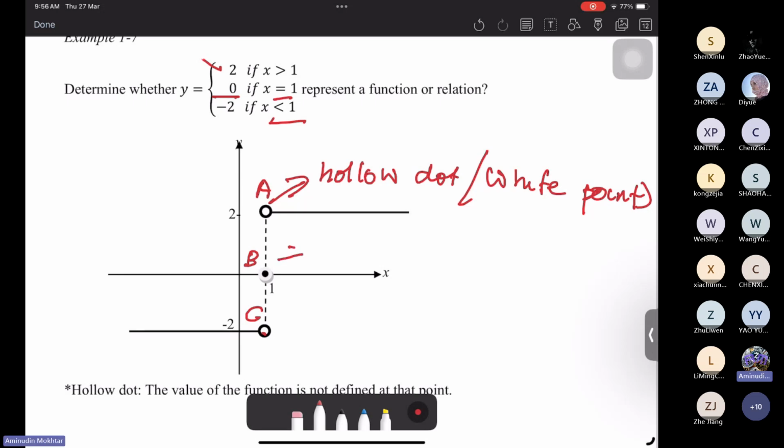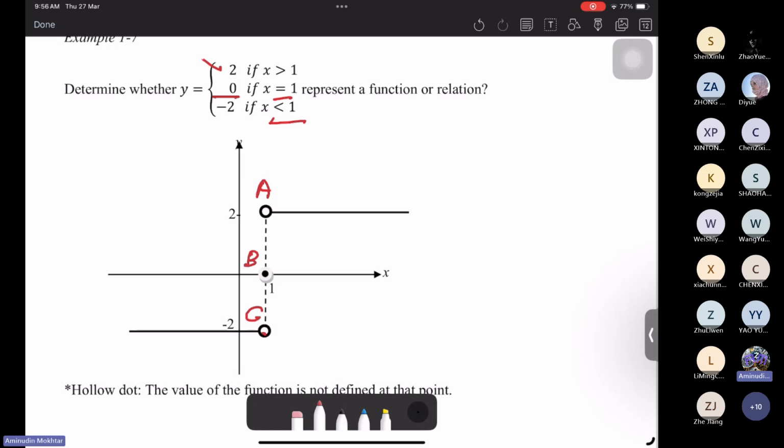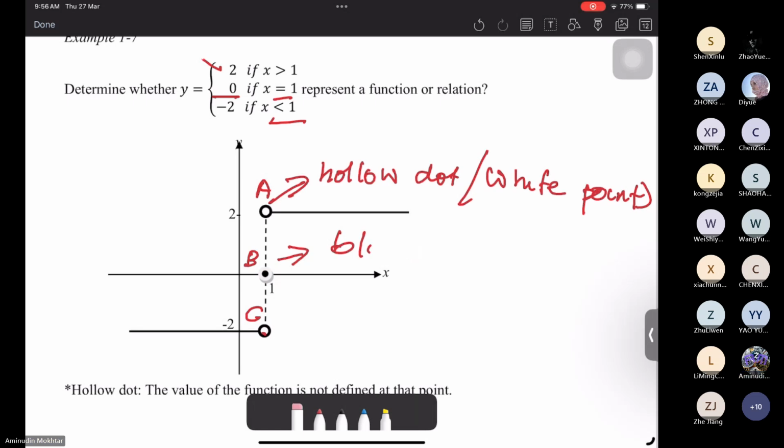At point B, there is a black dot, or black point. And at point C, there is another hollow dot, or white point.